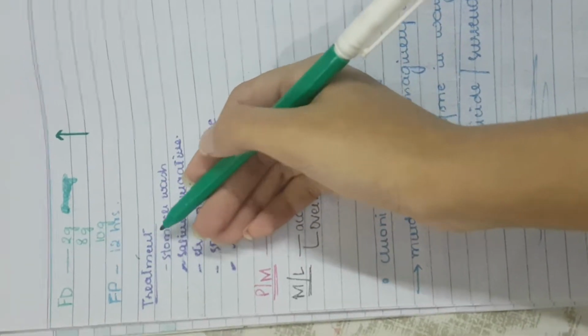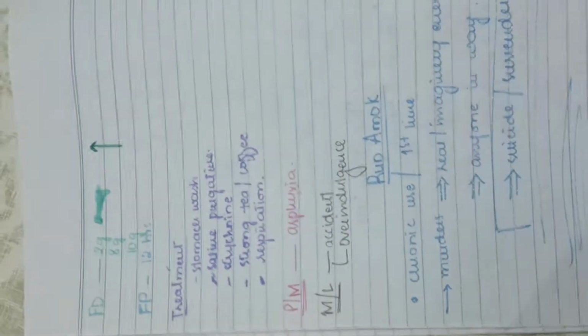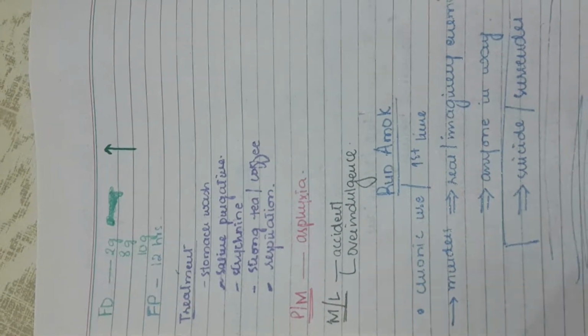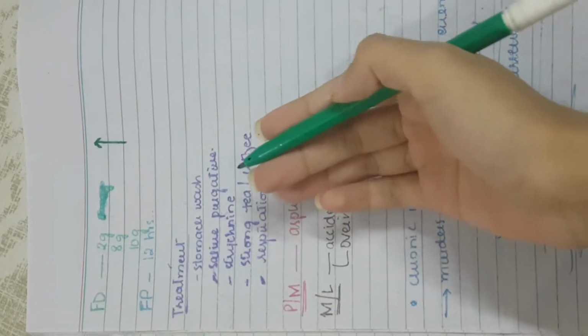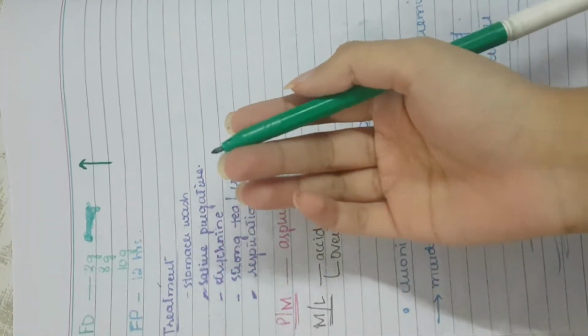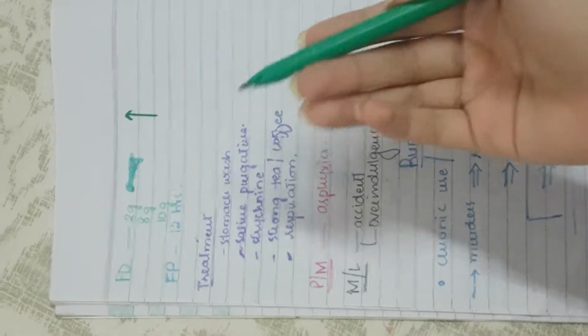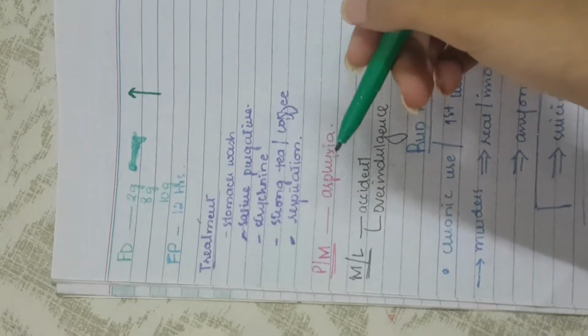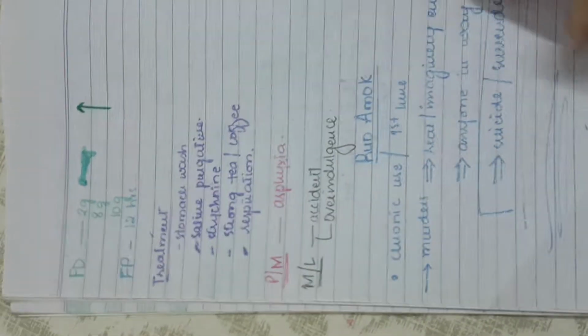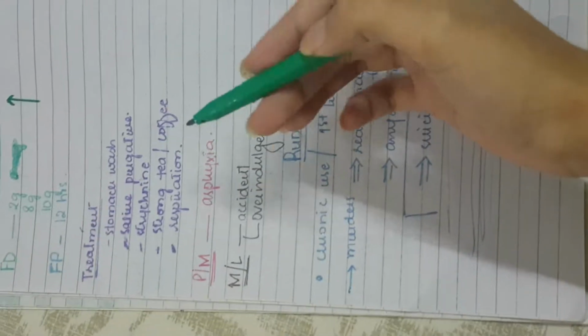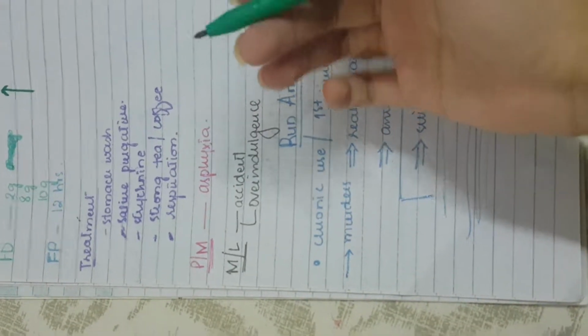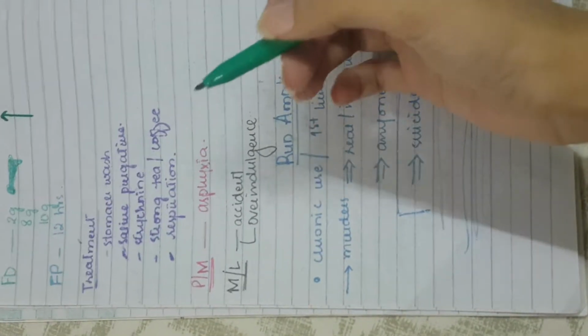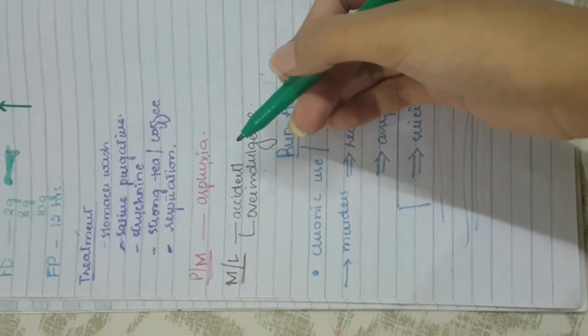The treatment will include stomach wash, saline purgatives, and a hypodermic injection of strychnine. Then we can give strong tea or coffee by mouth or per rectum, and also artificial respiration. There are no characteristic post-mortem symptoms except that death is due to asphyxia.